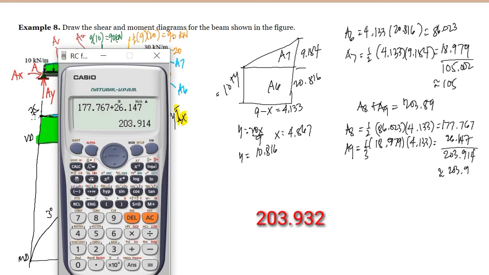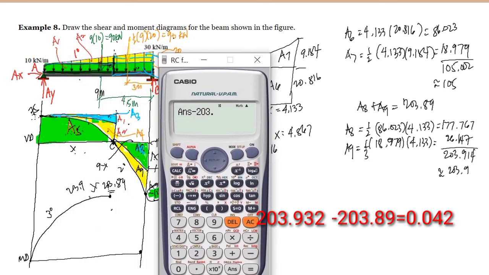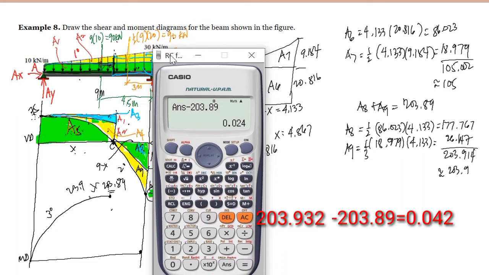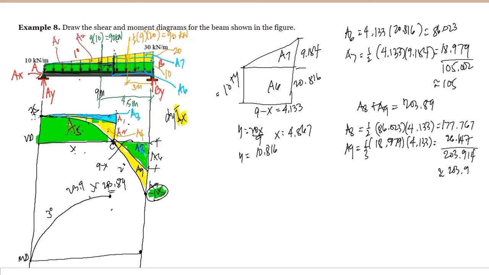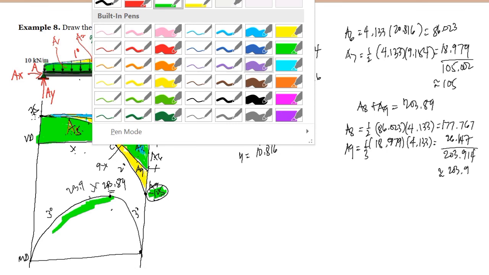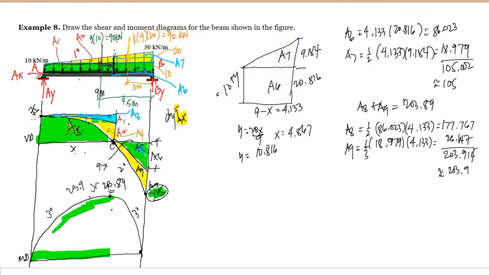We have minus 203.89. Ang error natin dito ay 0.024. So maliit na to. Napa-close na natin siya. So we have here increasing, so magbe-bend tayo ng x-axis, and this is our curvature, degree 3 curve to. So ito ngayon yung ating moment diagram.